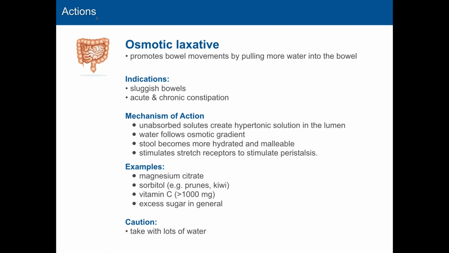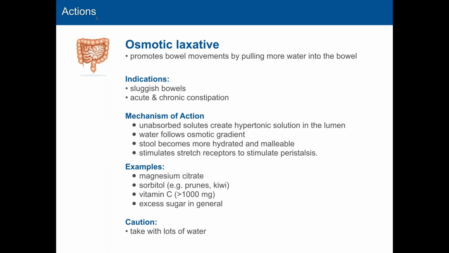Some examples of this is when somebody has, let's say, lactose intolerance, where they drink a glass of milk and suddenly they get bloated and gassy and they get diarrhea. What's happening is their body's incapable of absorbing the lactose, the sugar in milk, and it remains in the lumen of the bowel, pulling water into the bowel.